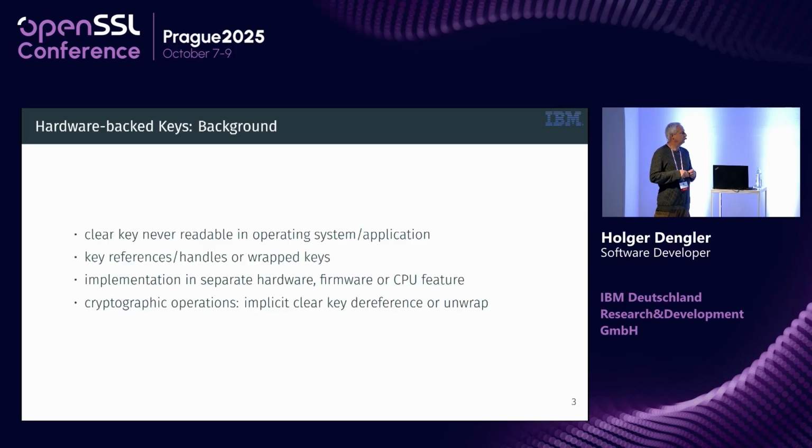So the clear key for the operation is hidden, but we can do operations with this clear key. Even if someone compromises our system, the operating system, it's not possible to read out the key material.